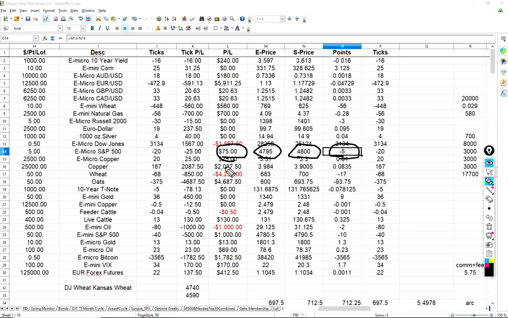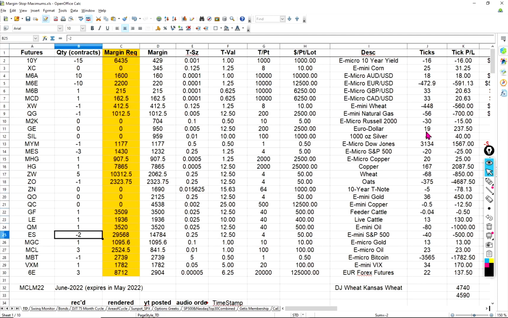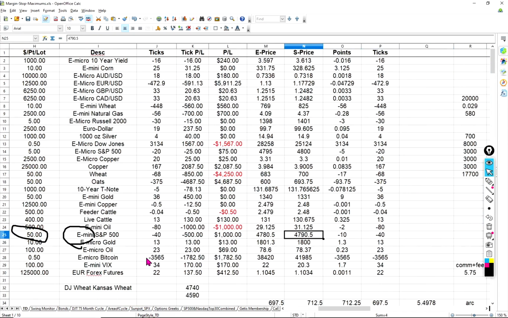Get it? Right. So, okay, now let's do the same thing on the E mini. 4,800 and 4,795. I'm trading short 2 contracts right there. Okay, and let's say it's 4,800 and it moves 5 points.